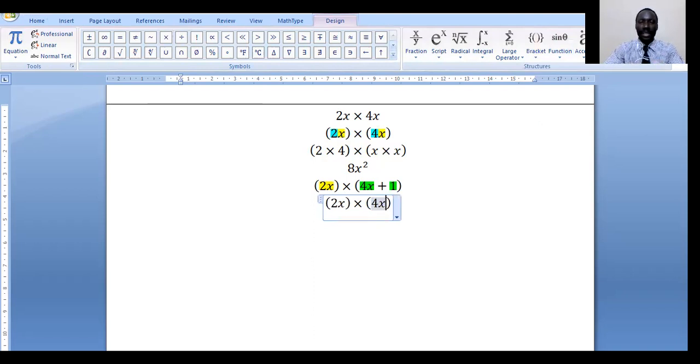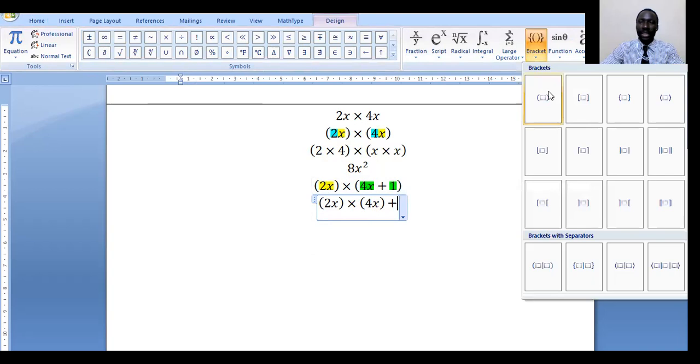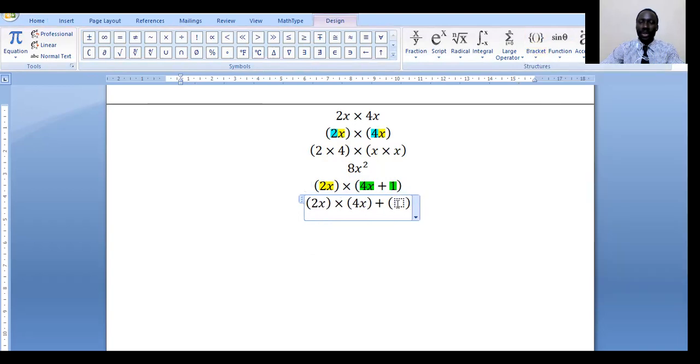That is the first deal. Then this 2x must also multiply 1. In other words, we can have now this plus, which is right here. Then we now bring the 2x, okay? So we'll be having there the 2x, which again has got to multiply the 1, like that.